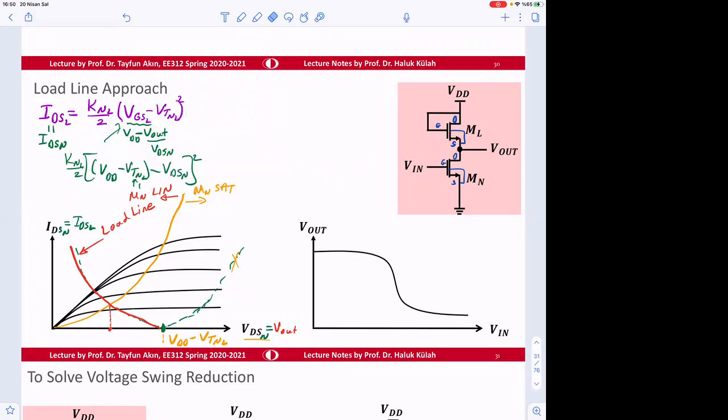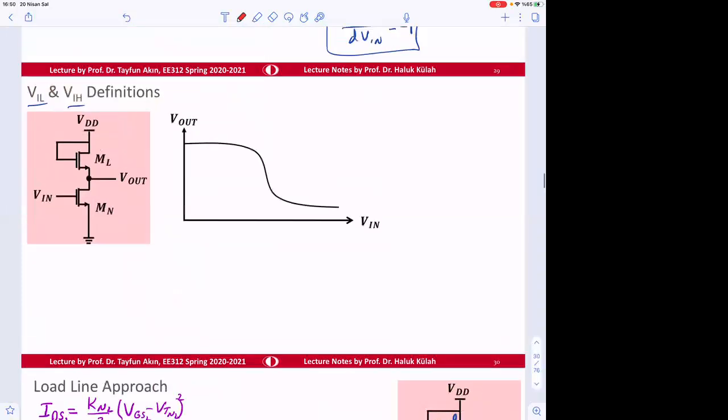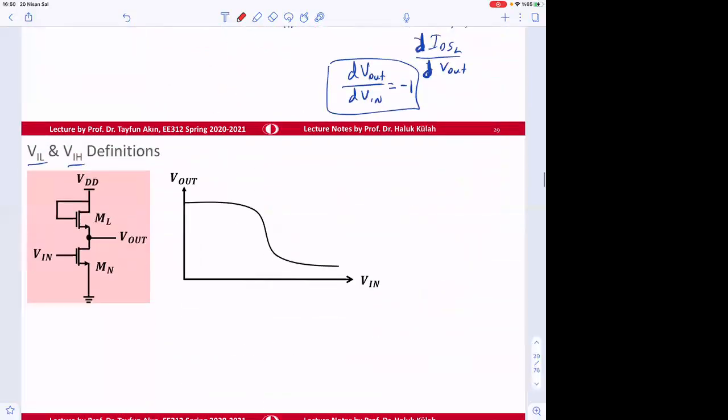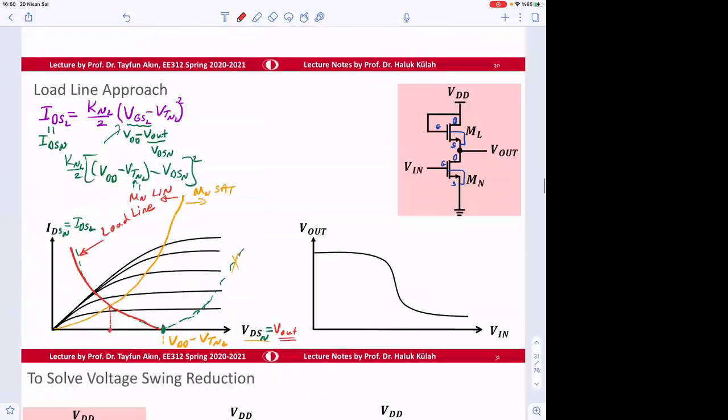What is that value? Vx. No, but at the output, what did we say? Vx minus Vtn. No. Vy. Yeah, that's Vy. Okay, so that's Vy.